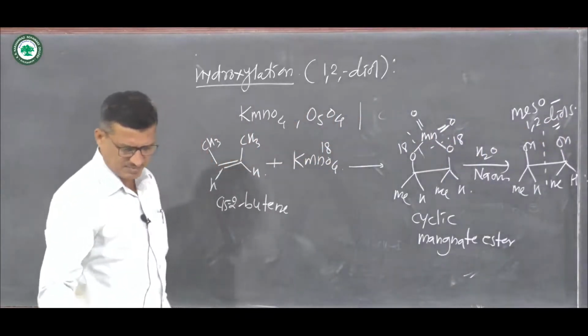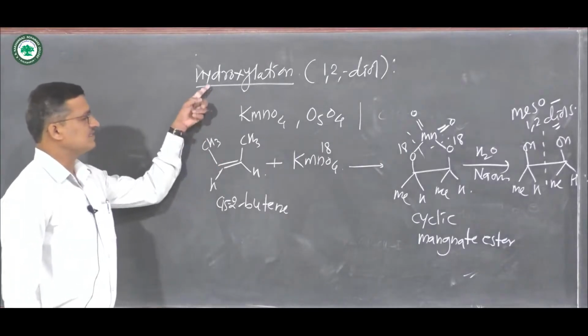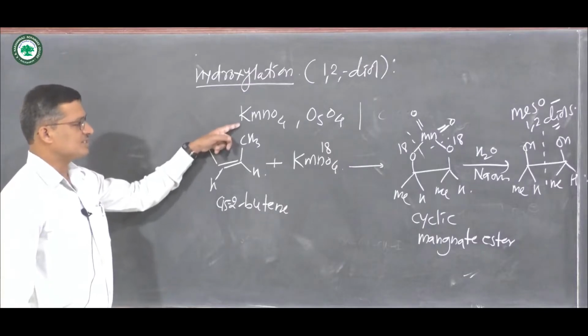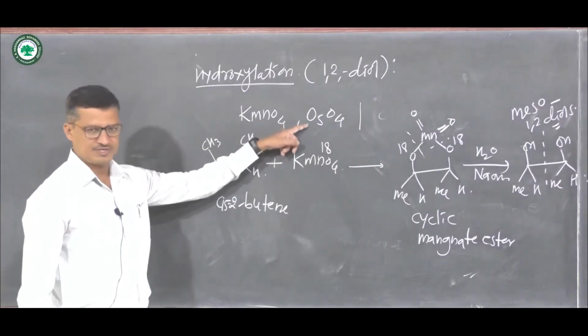This is a simple example of cis hydroxylation. We remember well, if we want to do cis hydroxylation, we use KMnO4 or osmium tetroxide.